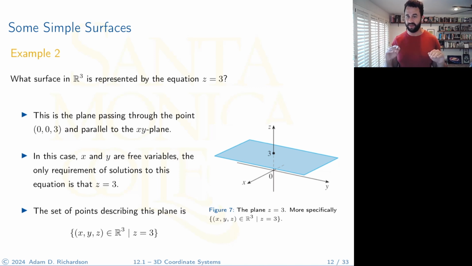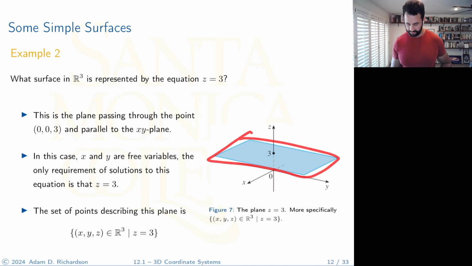The only condition we have is z is 3. So if we're saying z is 3 and we're in three-dimensional space, what does that describe? A plane, this plane right here. So the set of points describing this plane is the set of all ordered triples such that z equals 3. Every single point on this plane satisfies this condition here.